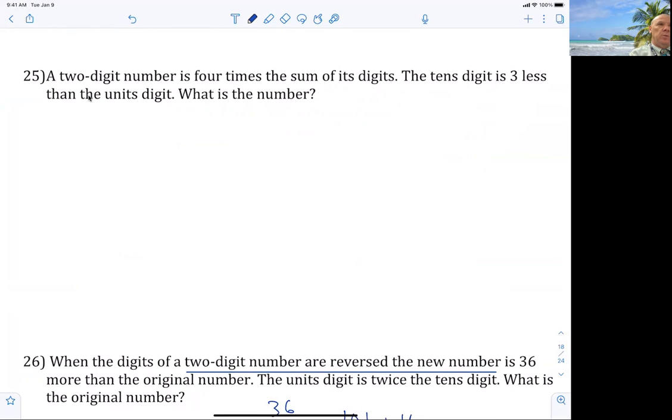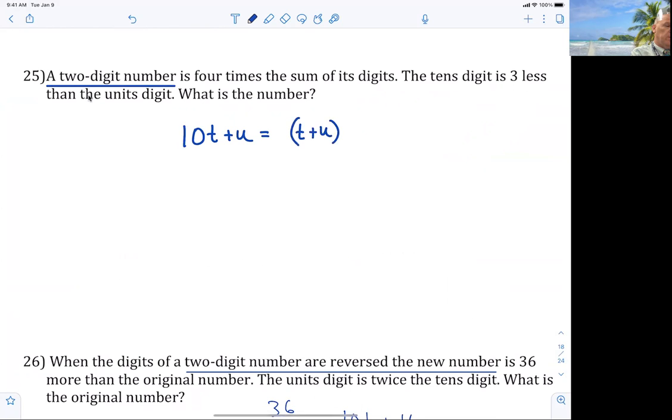All right. So this is another really good one. So now that you remember what I just said, we should do a better job of setting it up now. Agreed? So how do I represent a 2-digit number? Yep. So we got 10t plus u. How do I write the sum of the digits? T plus u.